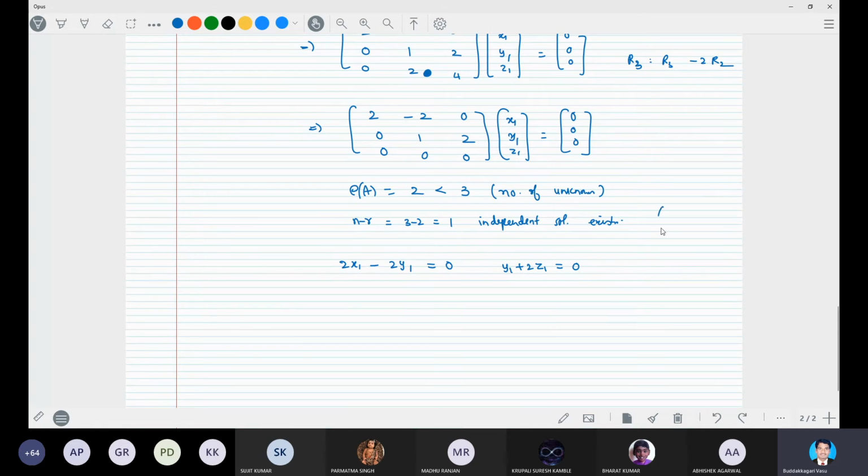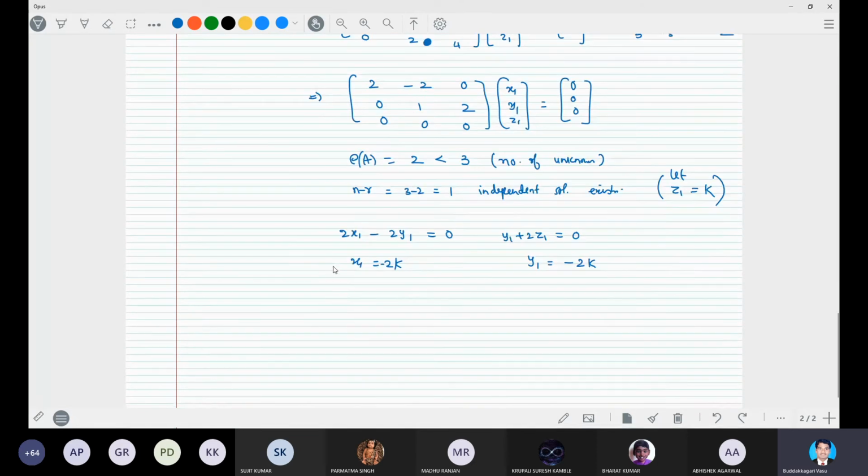For that one independent solution, we may take z1 is equal to k. Let that independent solution be z1 is equal to k. Then y1 is equal to minus 2k. Then x1 is equal to minus 2k, because from this one, x1 is equal to y1, minus 2k.